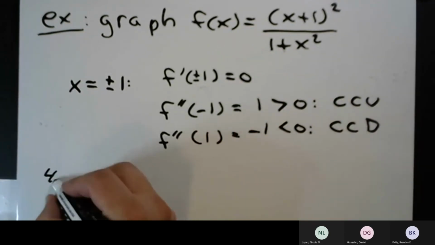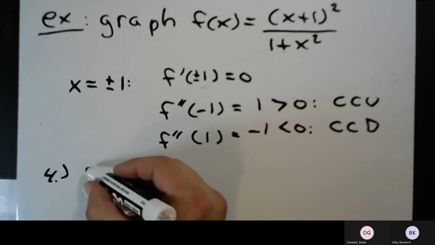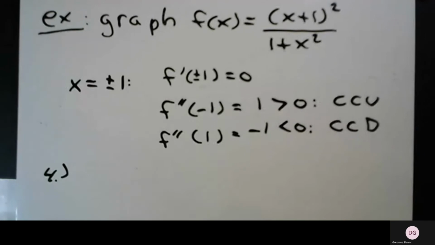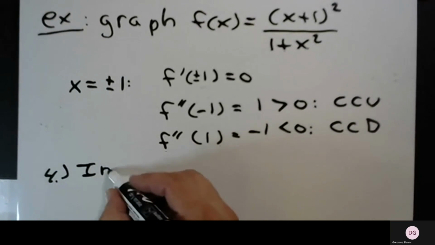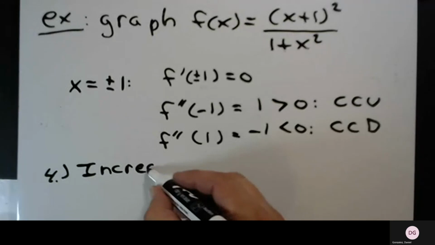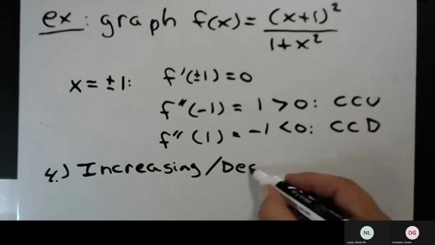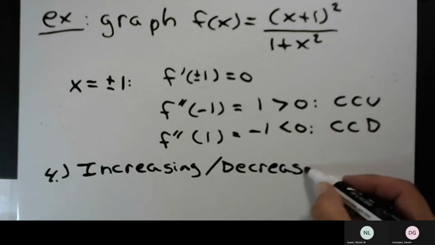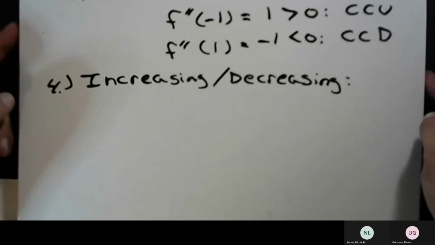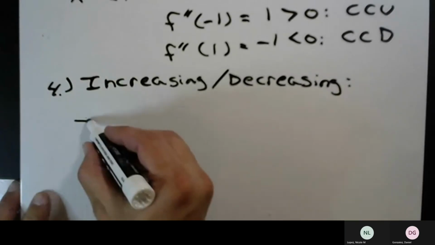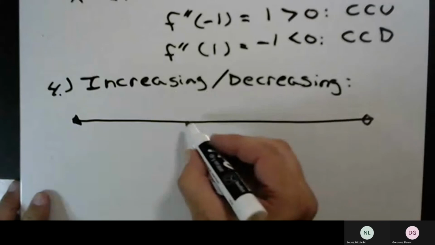So let's take a look. Number 4, increasing and decreasing. To figure out increasing and decreasing, again, we're going to take a look at our first derivative.